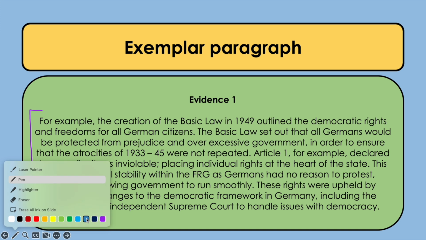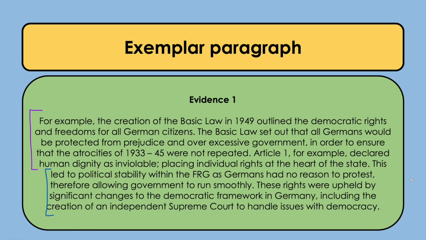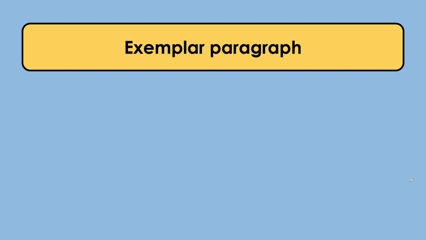Now, that's not to say that there were no protests in the FRG. That's something we're going to come on to later. But it is to say that in terms of talking about individual rights, human rights, dignity, it really helped to bring down protests and really helped to drive up support for government.